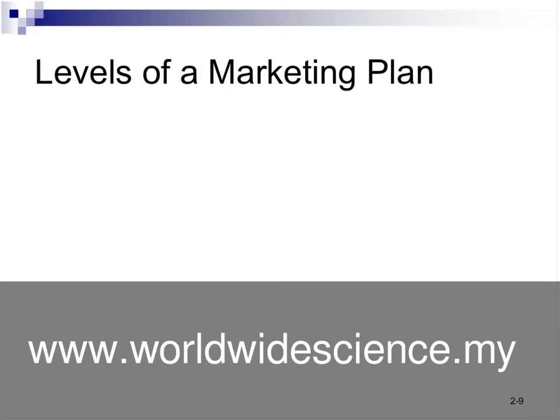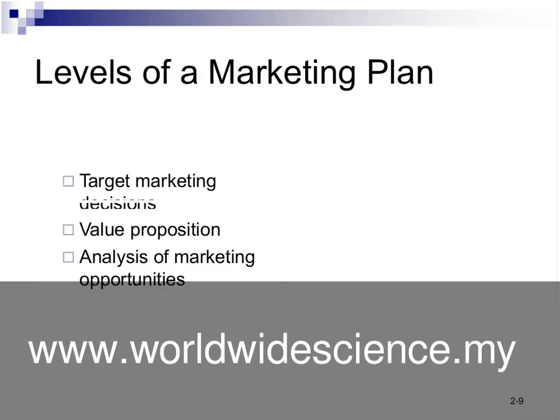And then levels of a marketing plan. So to go to the next level, next slide, we are going to talk about what are the levels of a marketing plan. There are certain levels to a marketing plan. So first, we have a strategic level, where is your target marketing decisions.